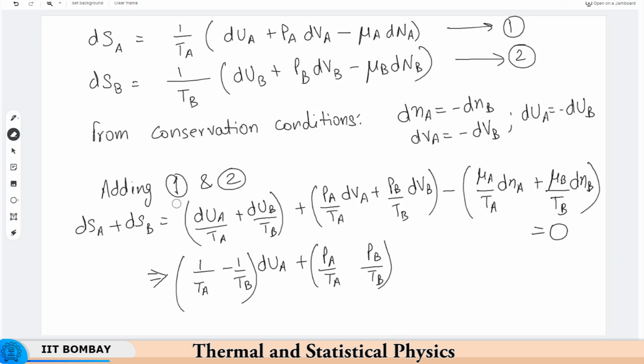So minus dV_A minus mu_A by T_A minus mu_B by T_B times dN_A, this is equal to 0. Okay. So this is the condition, right, the condition for equilibrium.